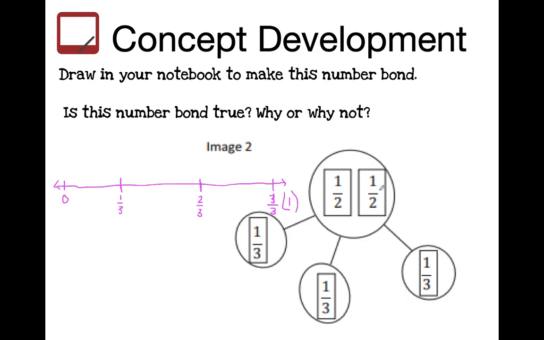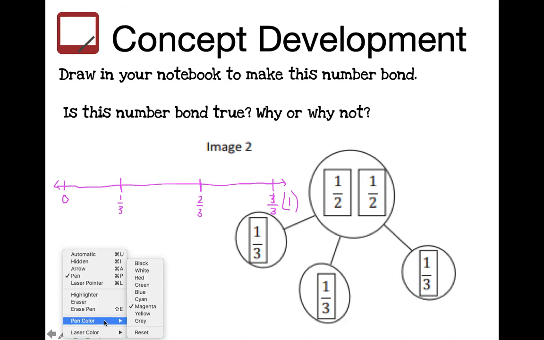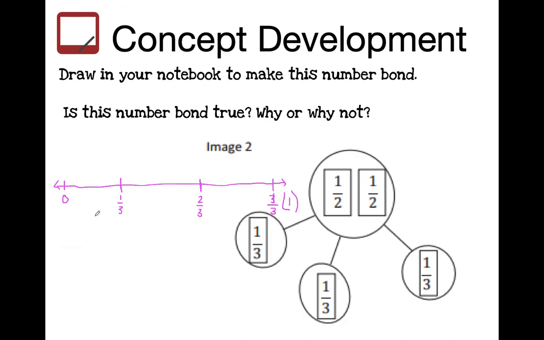Okay, now it's asking us, does 2/2 equal also one whole? I want us to look at our number line, and I'm going to break this into a half. This is 1/2, and then this is going to be 2 halves. So does 2 halves, is that equal to 3/3?